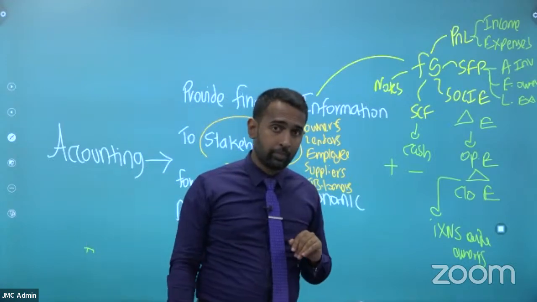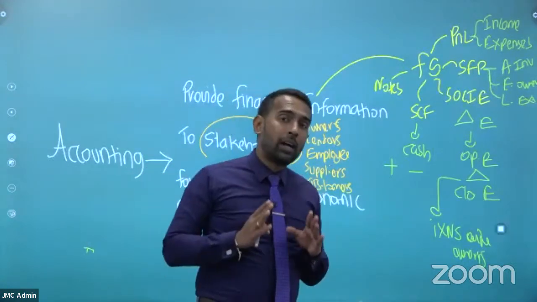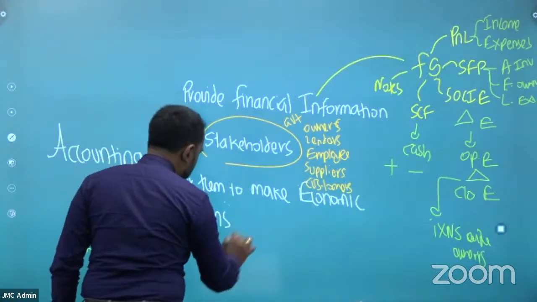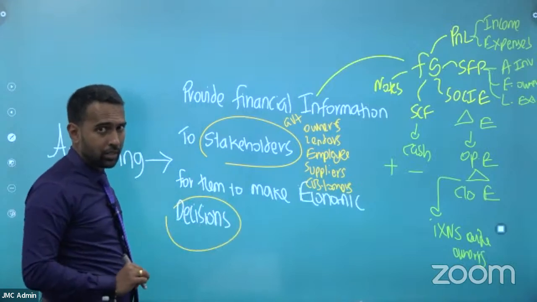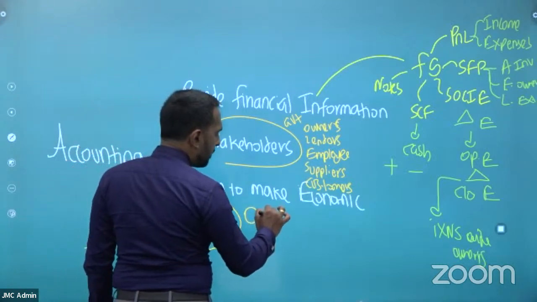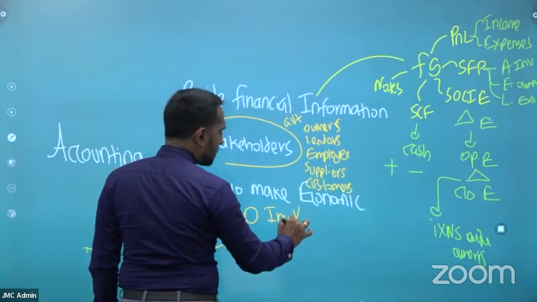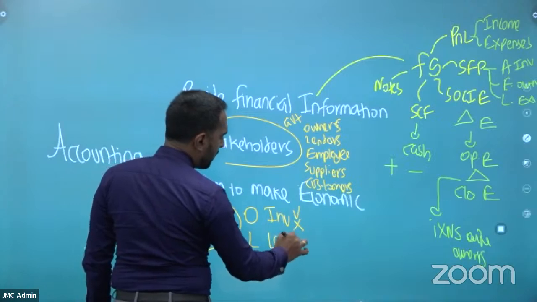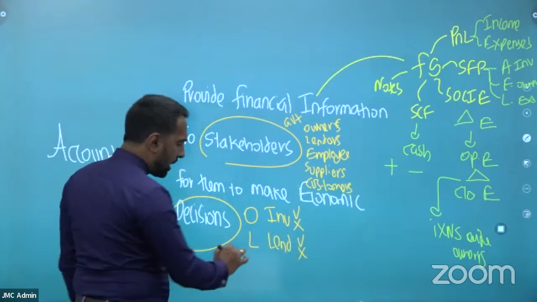Different parties, and these parties are willing to take some decisions, right? Owners are willing to take the decision on whether to invest or not. Lenders are willing to take the decision on whether to lend or not.